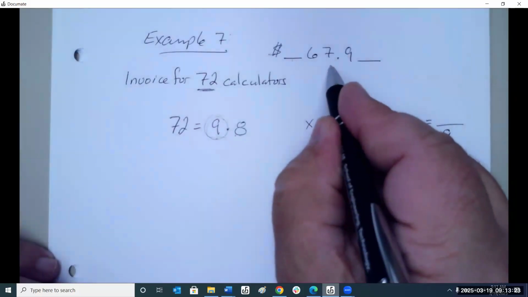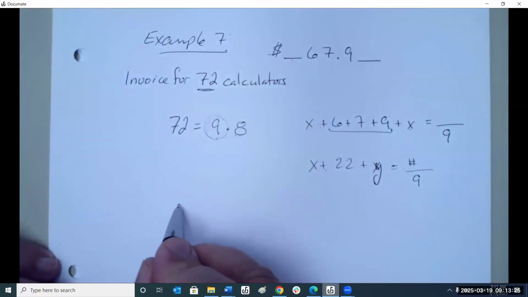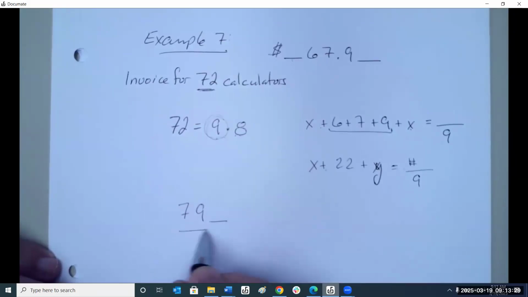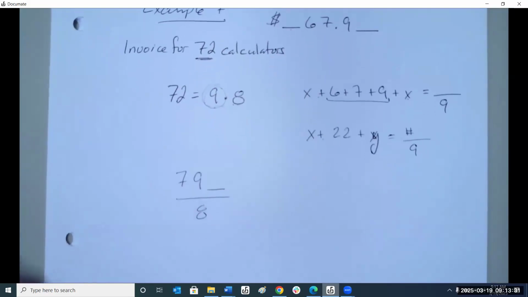So the last 3 digits are what? 7, 9, and blank. This number has to be divisible by 8. So how do we figure out what that one's going to be?